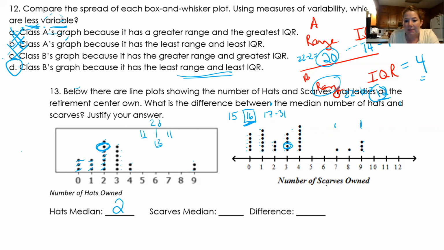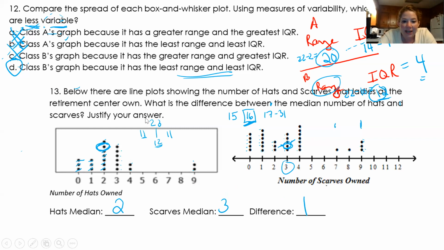Then there should be 15 numbers higher than this dot right there. 1, 2, 3, up to 15. Yep, this is the middle dot right there. And it is a 3. So the difference is a 1. The difference in 3 and 2 is a 1.